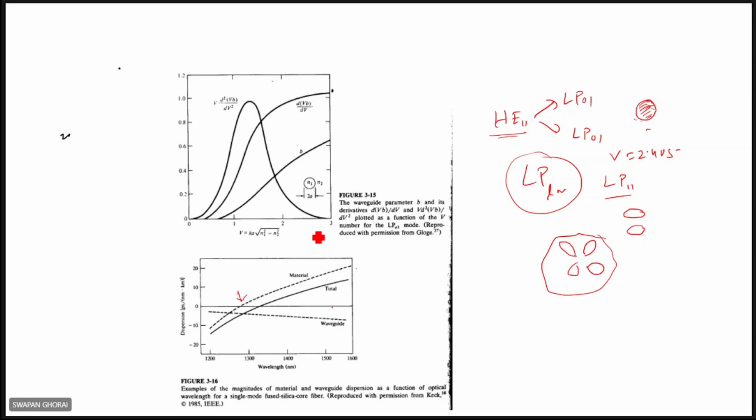This is single mode. So you have d(Vb) by dV, and this is V d2(Vb) by dV2. If you know this, then you can have an idea of how much waveguide dispersion there will be, and you can compare it with the material dispersion.